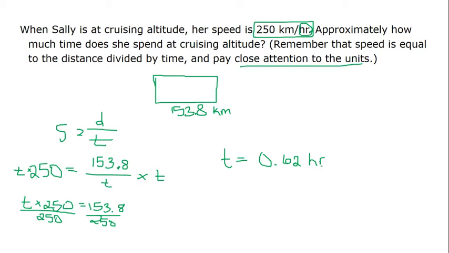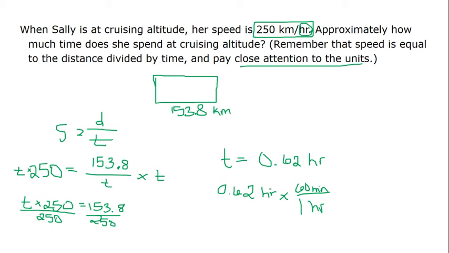Now if this is a multiple choice question, it may ask for hours, it may ask for minutes. So I'm going to convert that to minutes. So I'm going to take my 0.62 hours times, now I know that there are 60 minutes in 1 hour. Now I want to make sure that my hour is on the bottom, because then hour and hour cross out and I'm left with just minutes.